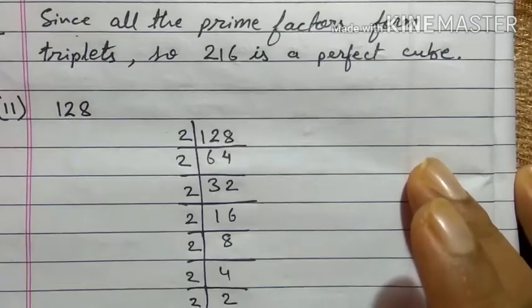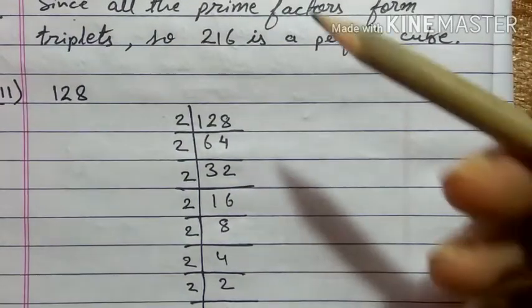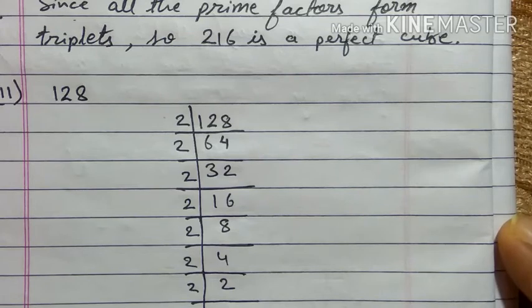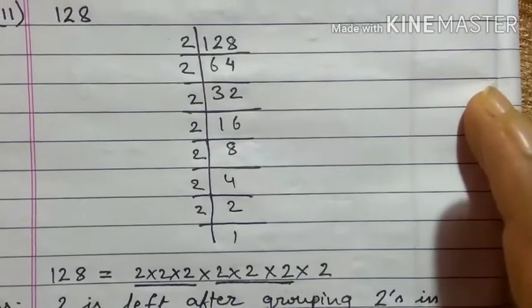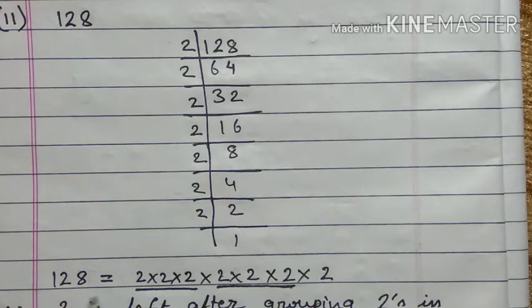In 128, the prime factorization of 128 is like this way. So after doing the prime factorization of 128, we'll get 128 is equal to 2 into 2 into 2 into 2 into 2 into 2 into 2.